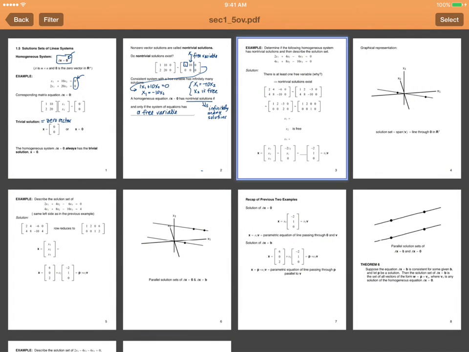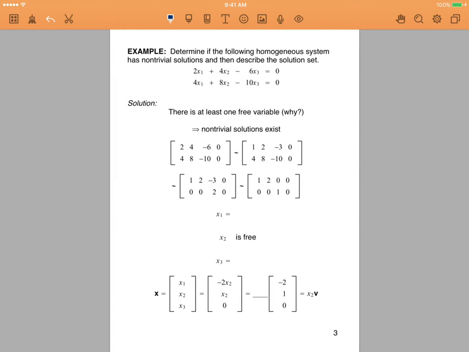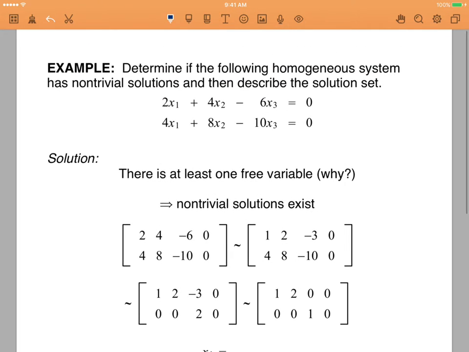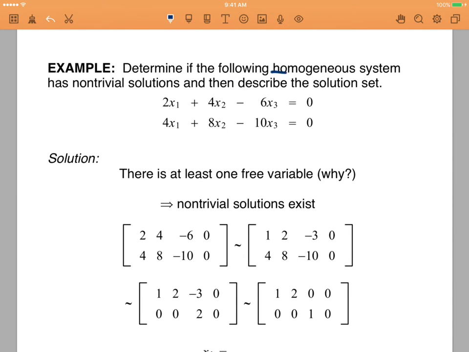So let's look at some more examples. Here's a system of equations. It's a homogeneous system because it's all zeros on the right. So we know there's the zero solution, i.e. x1, x2, x3 all equal 0. The question is whether there are any non-trivial solutions.